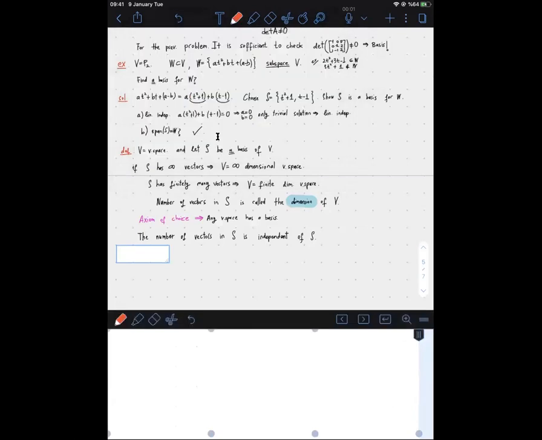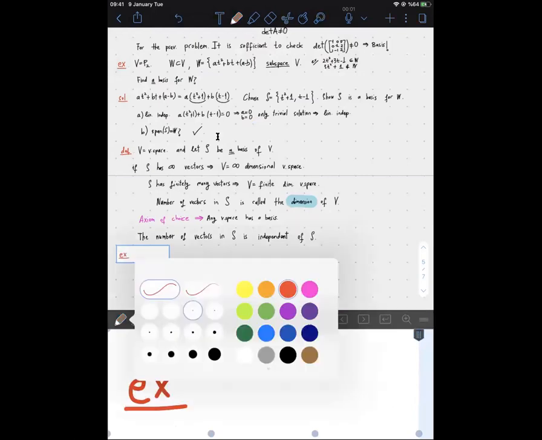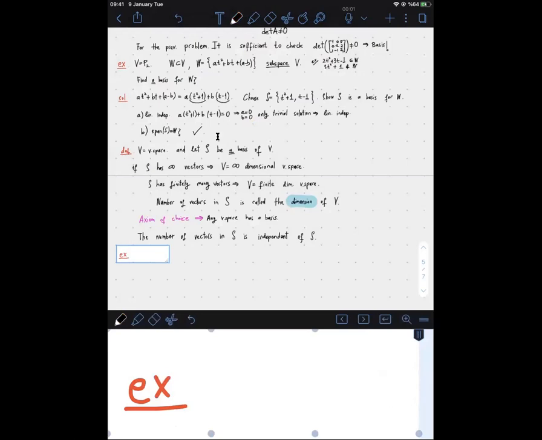Let's do this example. Let's take some vectors. v1 is (1, 0, 1).